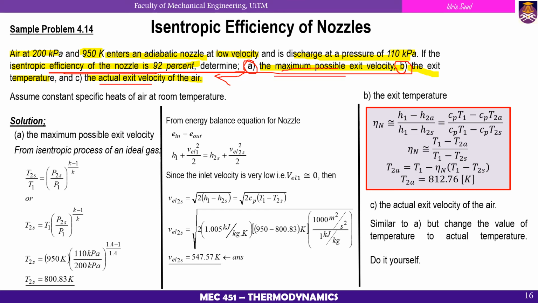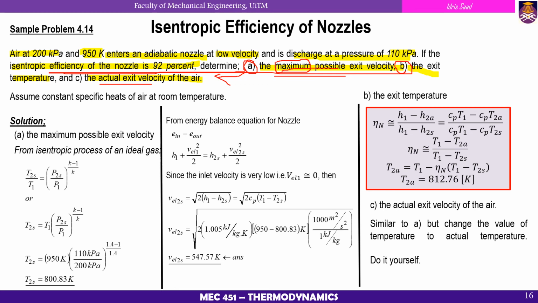We know that for any device, the maximum is always at the isentropic or ideal condition. So this question is actually asking what is the isentropic velocity of the nozzle. This is what we call understanding of the question: maximum must always be in the isentropic condition.